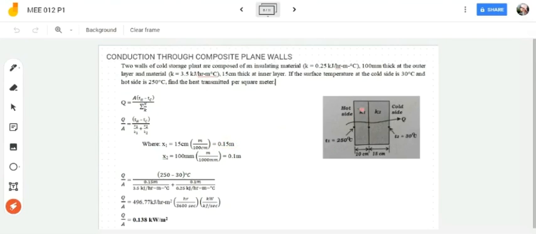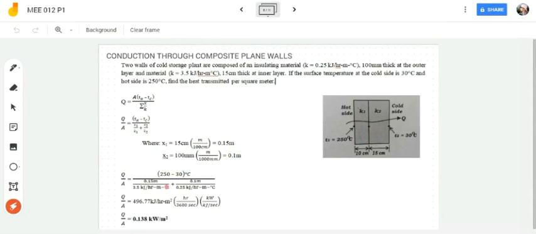For the thickness of wall 2, I guess the illustration is wrong; that is here, 100 millimeter. One meter is equal to 1,000 millimeter, therefore your X2 is 0.1 meter. Moving forward, your Q over A is equal to your hot side temperature, which is 250 degrees Celsius, minus the cold side, which is 30 degrees Celsius, over your X sub 1.